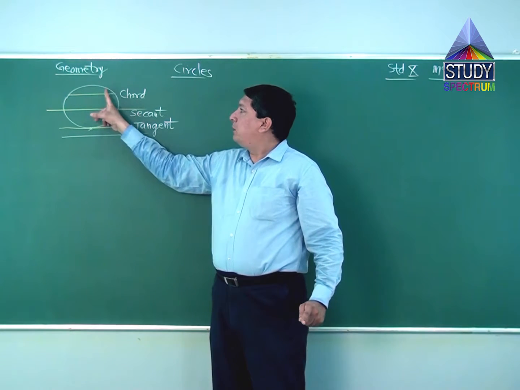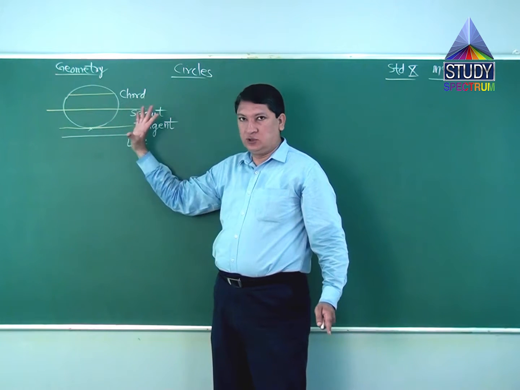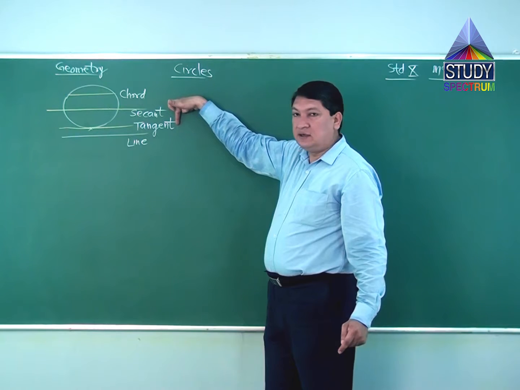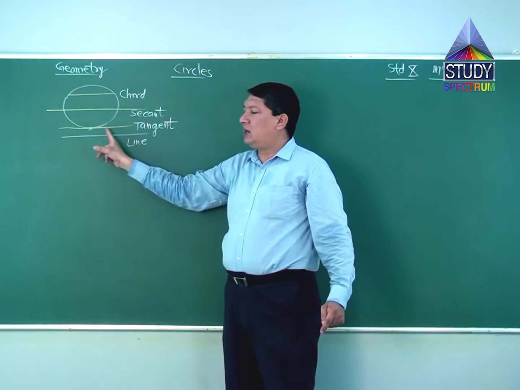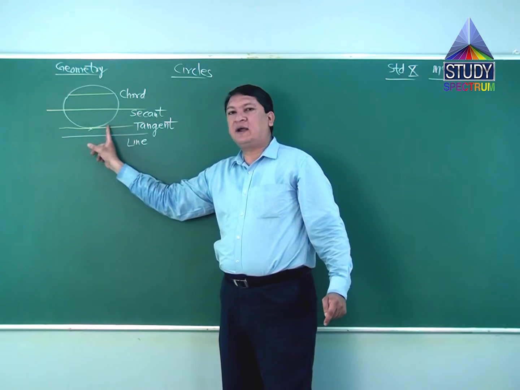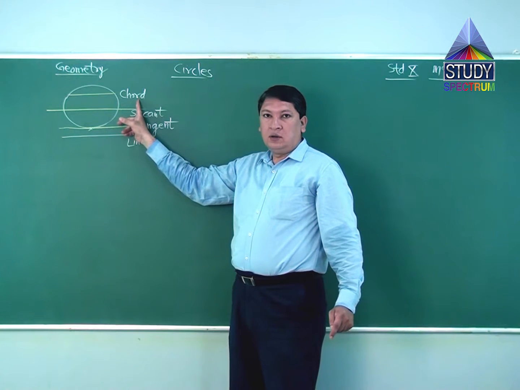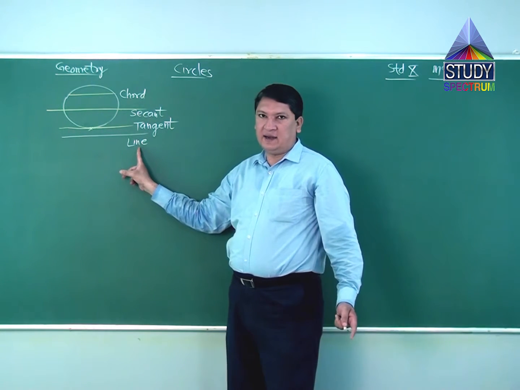Chord, whose endpoints are on a circle, is a line segment. So the terms are chord, secant, tangent and a line which has no connection with the circle. In fact, all these are lines only, but according to the way they come in contact with the circle, we name them. Right? Chord, secant, tangent and a line.